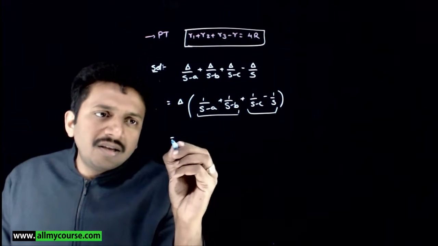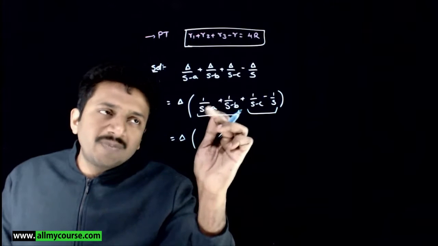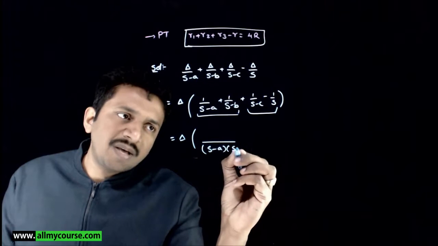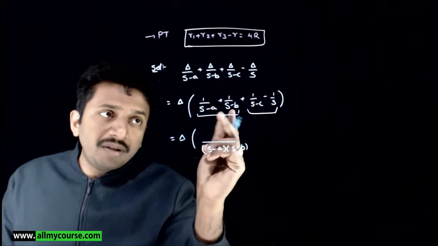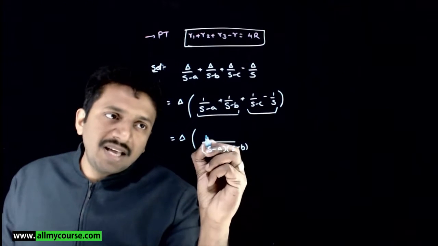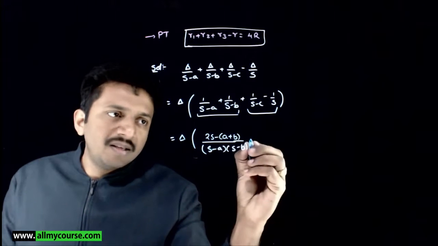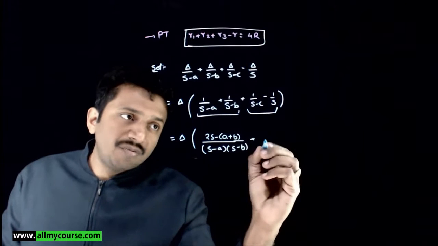So what is 1 by S minus A plus 1 by S minus B? If you take the LCM, you get S minus A times S minus B. And in the numerator, you have S minus B plus S minus A, that is 2S minus of A plus B. Plus, what is the sum of these two?